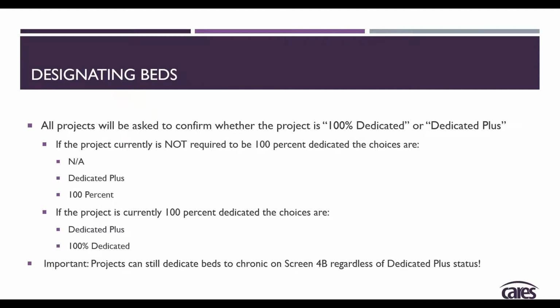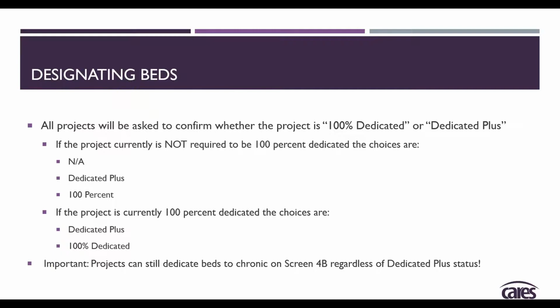So all projects are going to be asked to confirm whether their project is 100% dedicated or dedicated plus. So there are kind of two levels here, right? Some projects are currently not 100% dedicated. If your project is currently not required by contract to be 100% dedicated, your choice is NA, so you could choose neither.